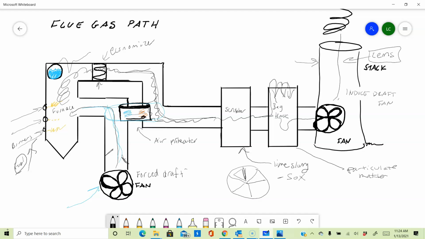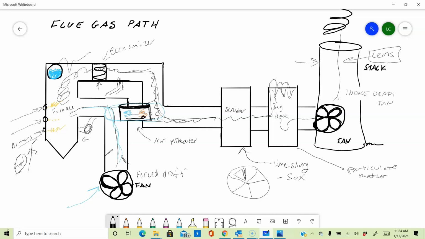But I want you to just see the big picture of what's going on when we're talking about the flue gas path and the components that are involved there. There's also sometimes this other channel that I did not draw on here that might come off your flue gas path, and it might re-inject into your furnace, and there's going to be a fan here.